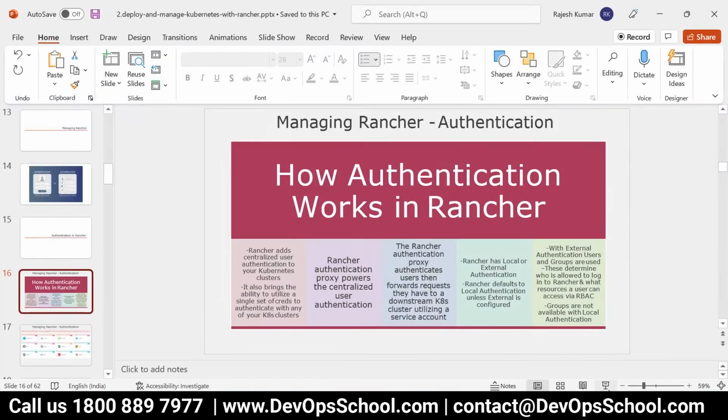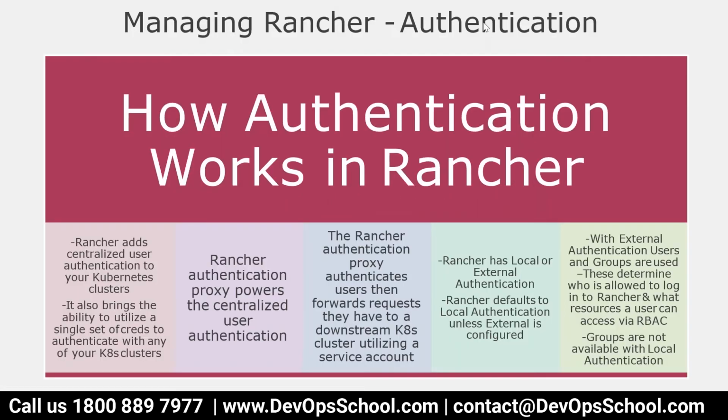Now coming back to the slides. We need to understand how authentication works in Rancher. Please understand, left side, let's start with it. Rancher adds centralized user authentication to your Kubernetes cluster. That's what I just did. It also brings the ability to utilize a single set of credentials to authenticate with any of your Kubernetes clusters.